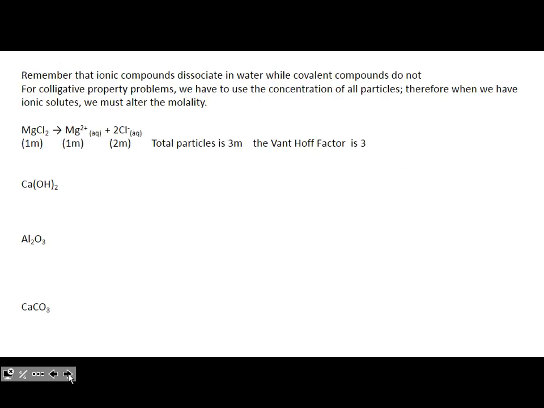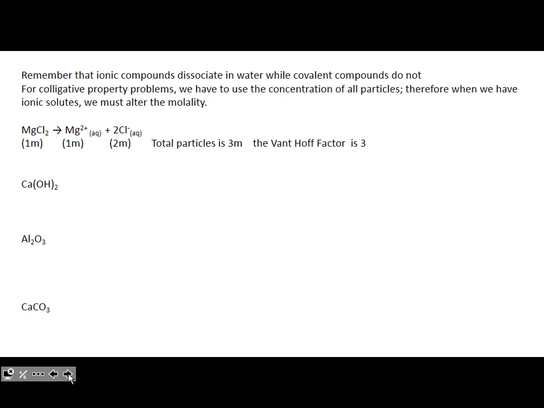So here's the thing that we have to be concerned about. When we have a molal solution, if our solute is an ionic solute, remember that ionic compounds dissociate in water, whereas covalent compounds do not. So the dissociation of the ionic compound is going to change the number of particles that are in the system.